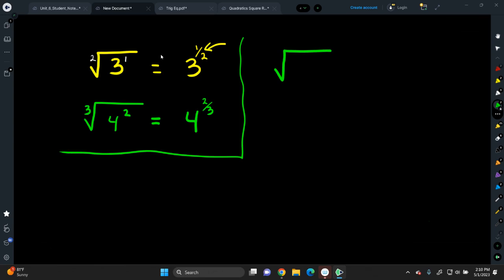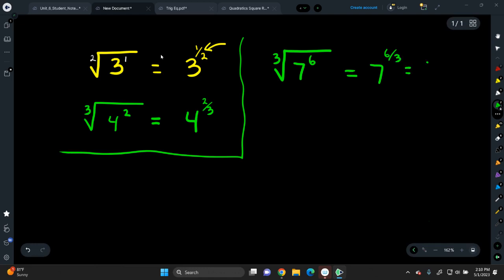Okay, how about the third root of 7 to the sixth power? 7 to the 6 over 3. What's 6 over 3 reduced to? 2, yes.